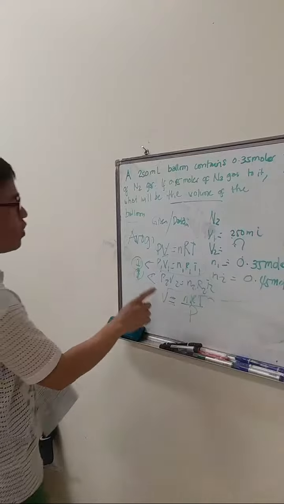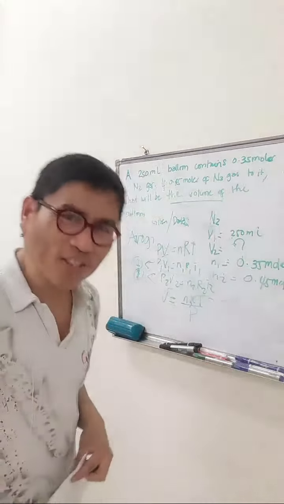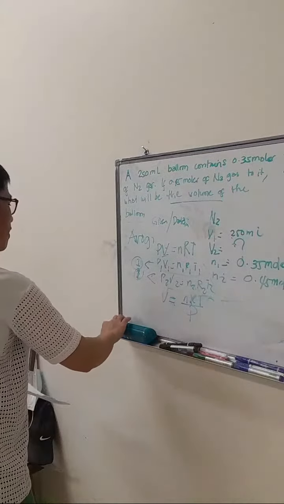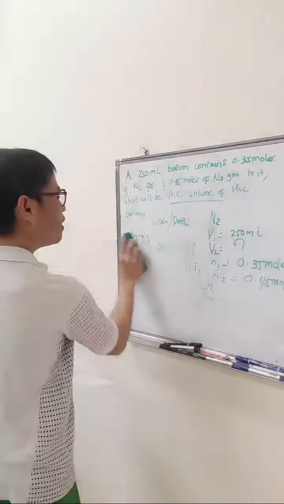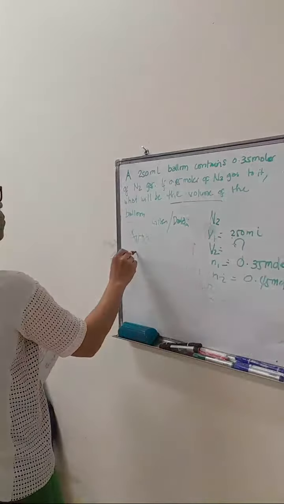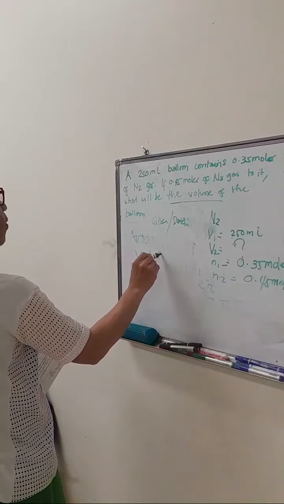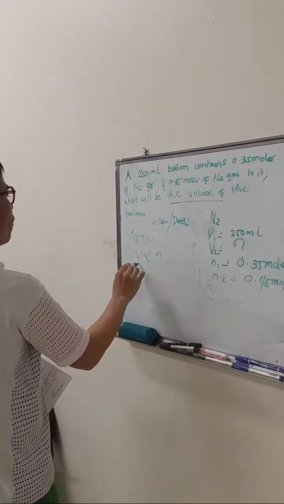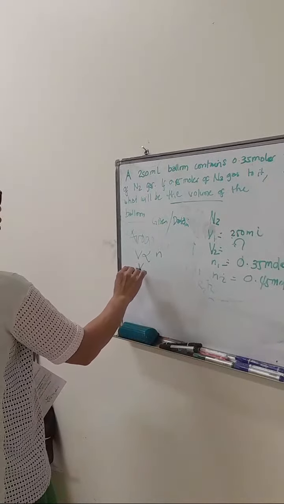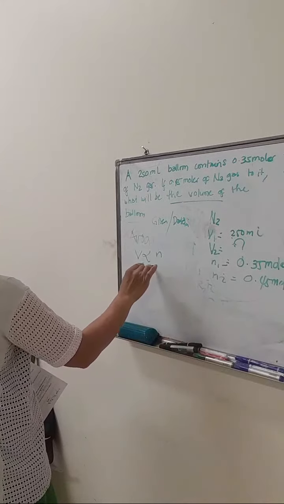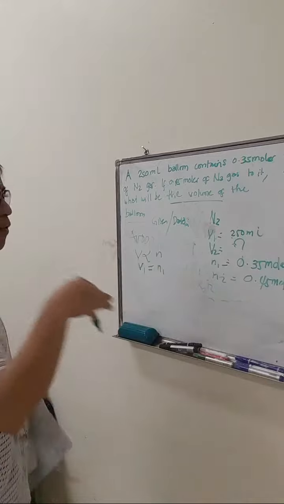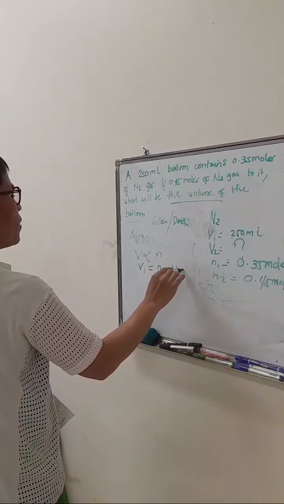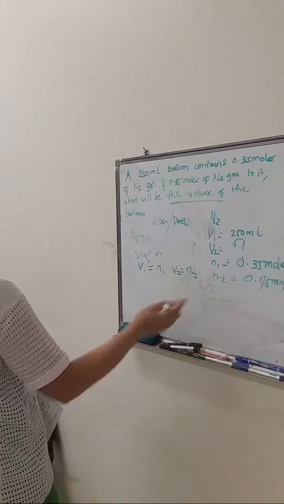So volume is directly proportional to the number of moles. Therefore, V1 is proportional to n1, and V2 is proportional to n2, directly proportional to each other.